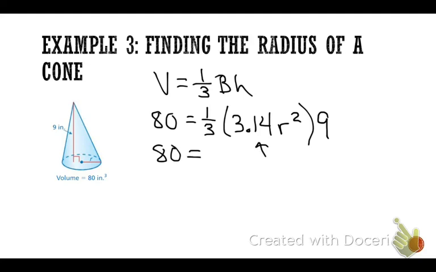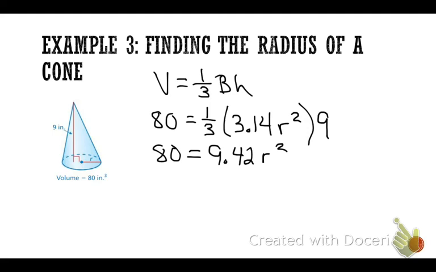Let's go ahead and do that. 3 times 3.14. 9.42 r squared. Wait, okay, what's up? I just multiplied it by 9 and I still got the same answer. Multiplied what by 9? I multiplied 3.14 by 9. That's fine. You can do that.